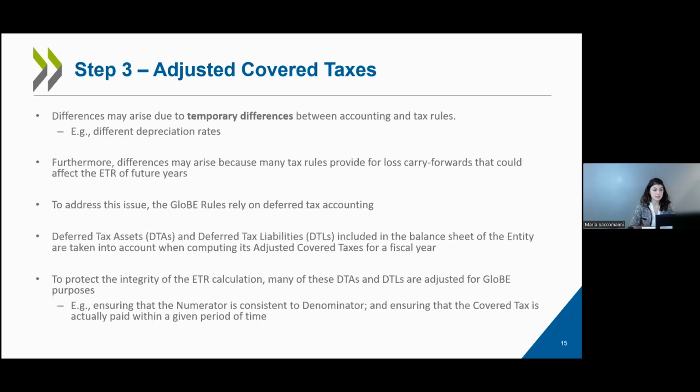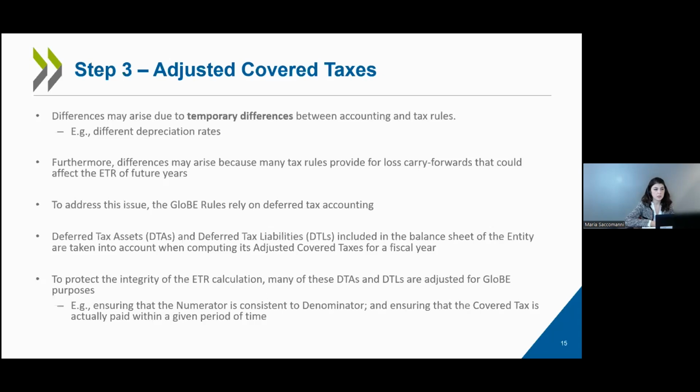Also for the deferred tax asset, the main driver for the adjustment to be done is to grant symmetry with the denominator. Just a quick example.